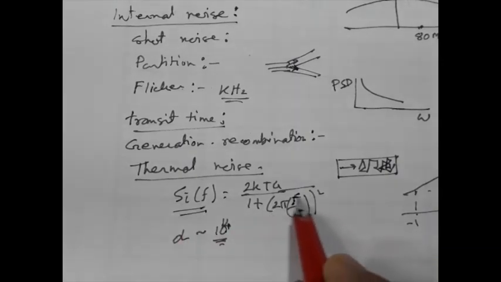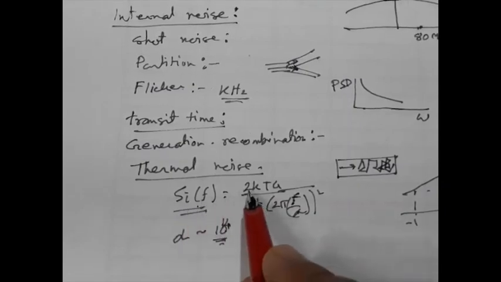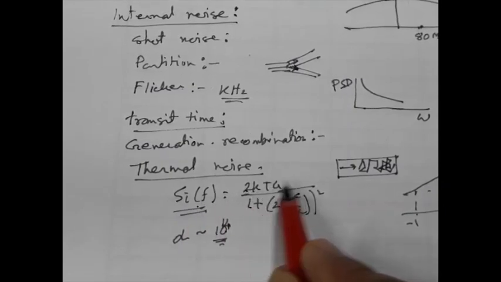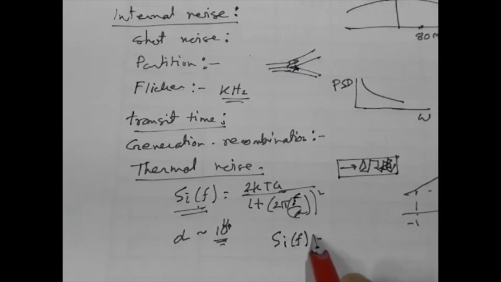If this portion is negligibly small compared to 1, then essentially S_I(f) becomes almost constant. That means S_I(f) can be written as 2kTG, because this term is negligible. So if you plot it, it will be almost a straight line.